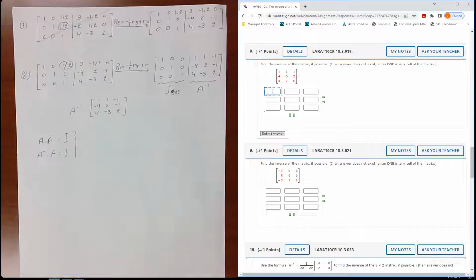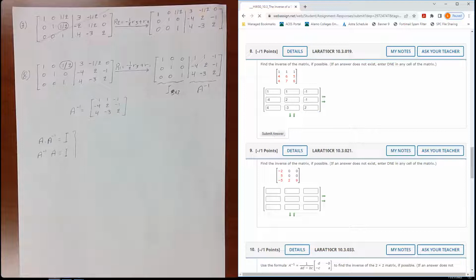So we're going to type here for this example 1, 1, and -1. And -4, 2, -1. And here is going to be 4, -3, and 2.